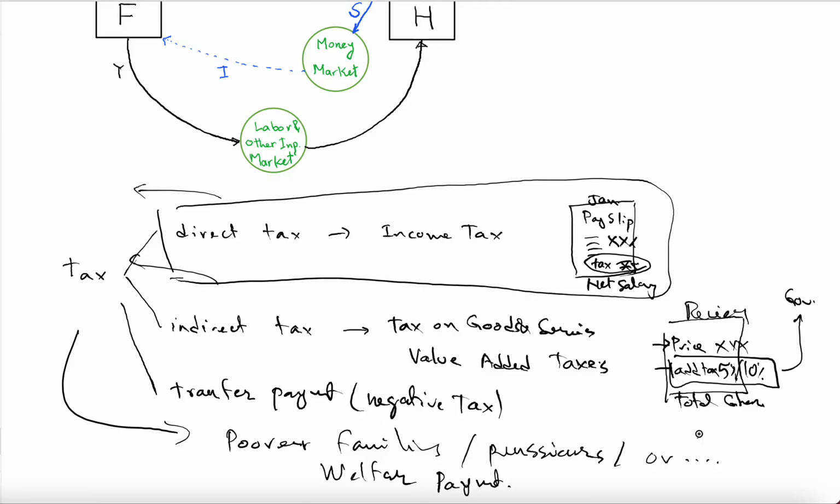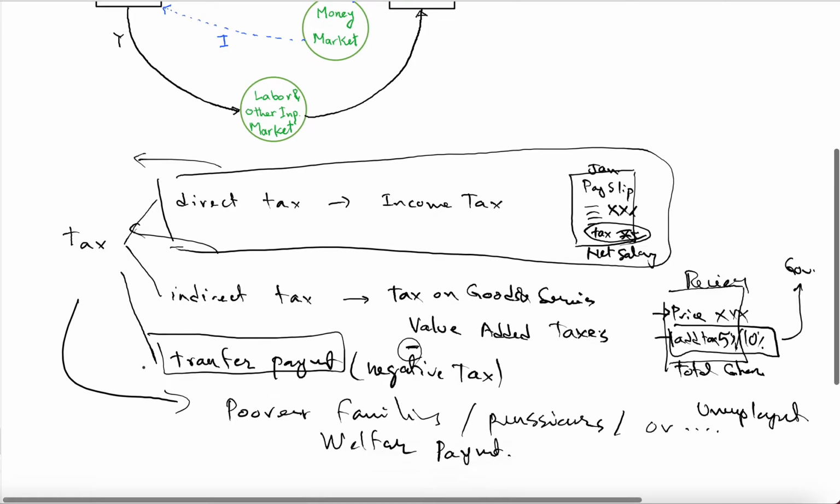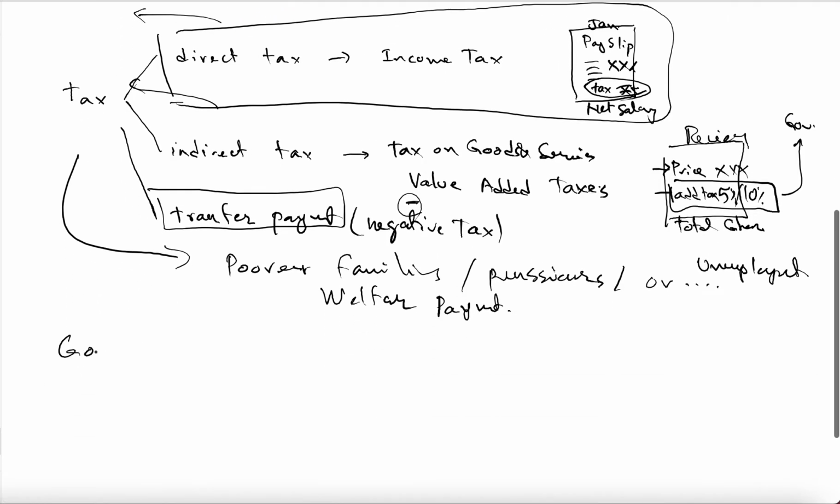If you are unemployed and you record it to the government that I have lost my income, then the government collects the tax from those who have a job and pays to those who have lost their jobs or they are too old to work. So this is called transfer payments. Transfer payments is considered as negative tax. It's opposite. It's like the government is spending. And the alternative thing is the government spending. Government spending is that G.